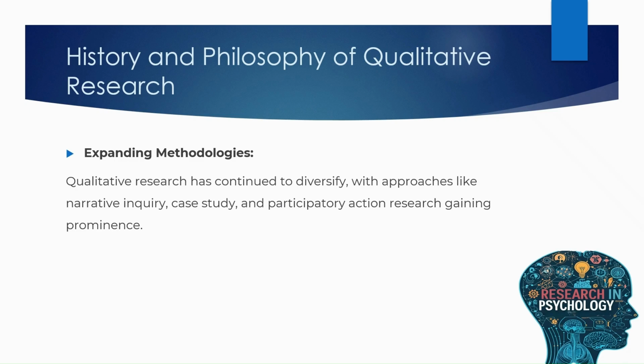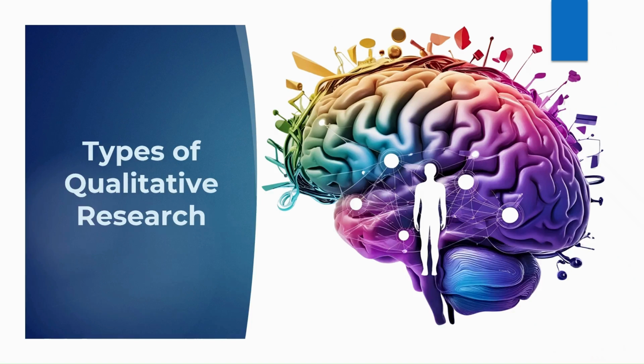So after that, we had expanding methodologies. The methodologies that were being used expanded. Qualitative research has continued to diversify with approaches like narrative inquiry, case study, and participatory action research gaining prominence. This was all about the history and philosophy of qualitative research.